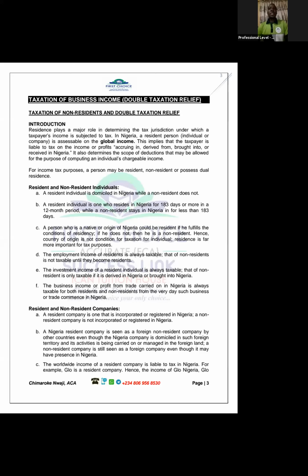Now, it means that it will be earning foreign income, a currency and income different from that earned in Nigeria. Now, this company qualifies for double taxation relief.